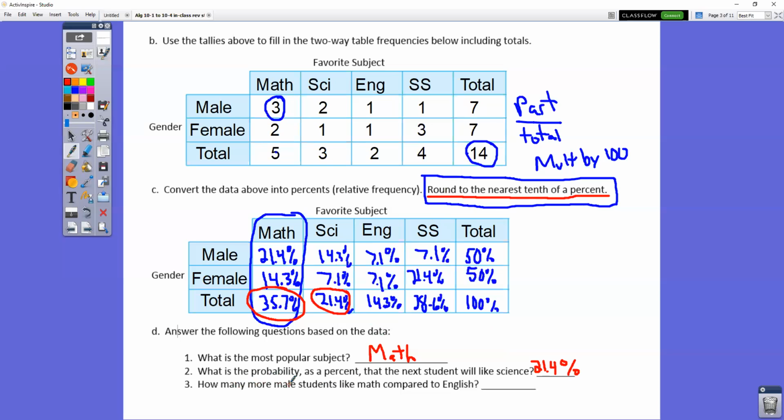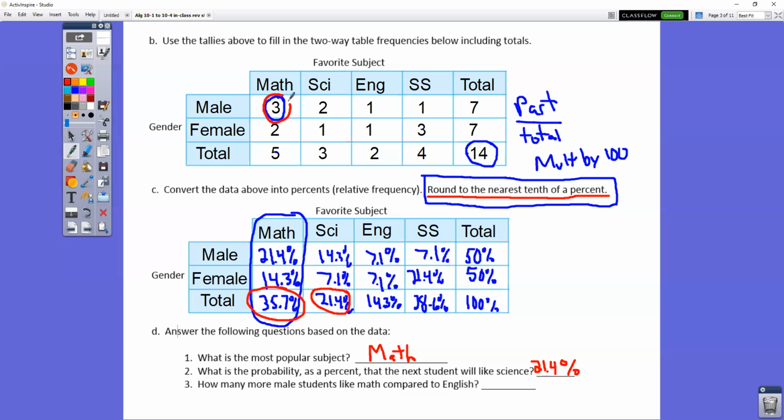How many more male students like math compared to English? We are not talking percents here. It says how many actual students. If it wanted percents, it'd say percents. And that's how it's worded on your test as well.